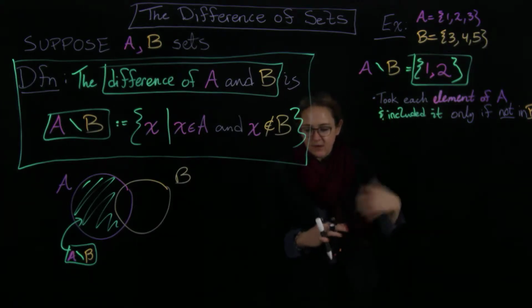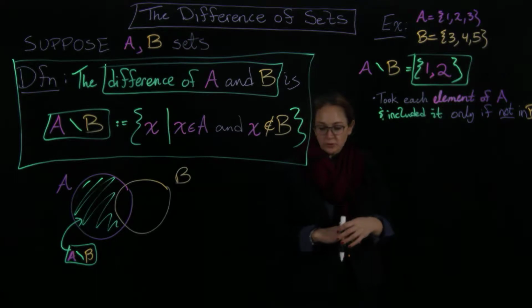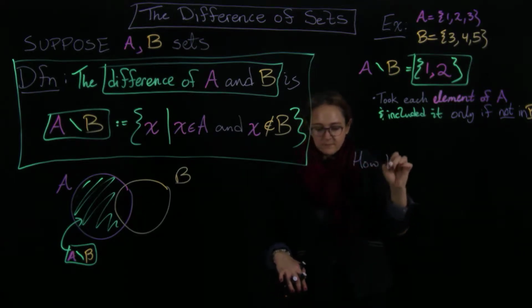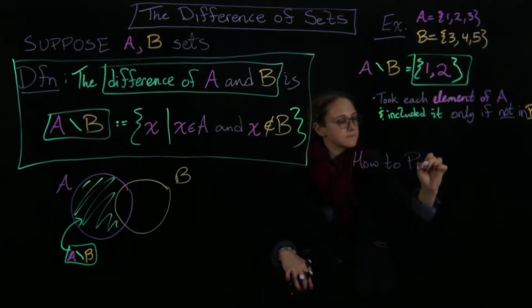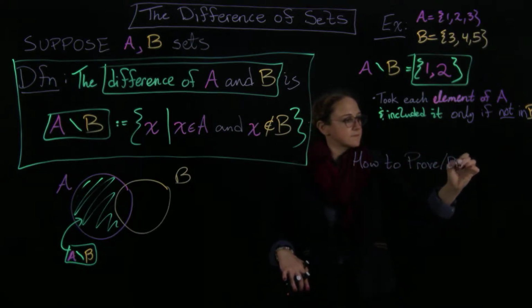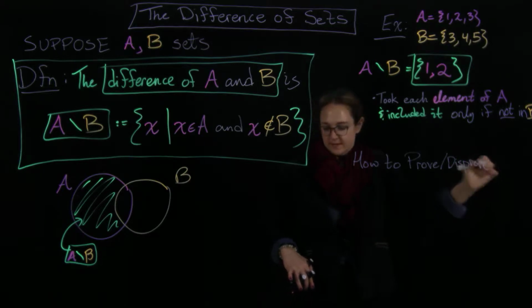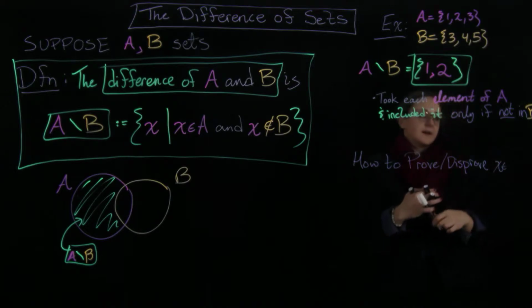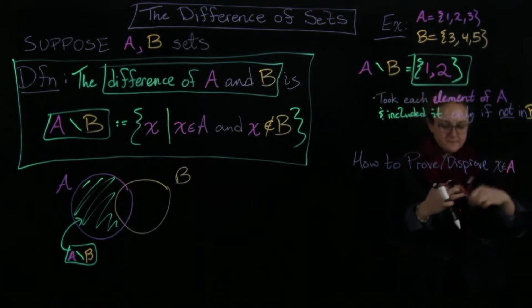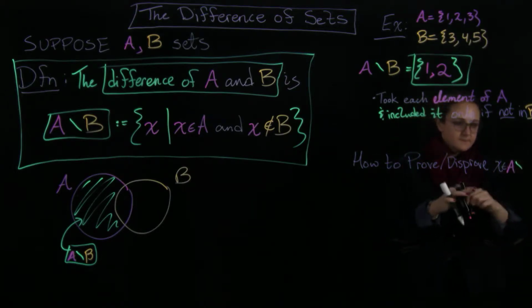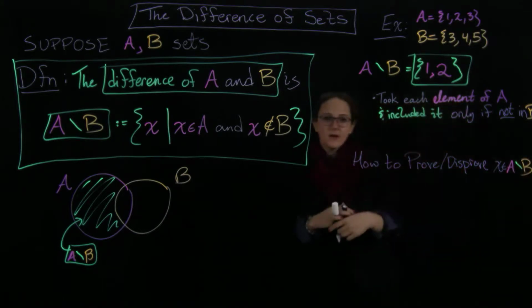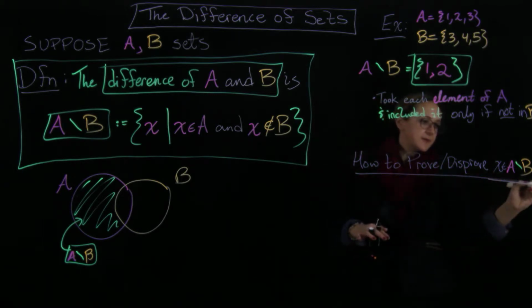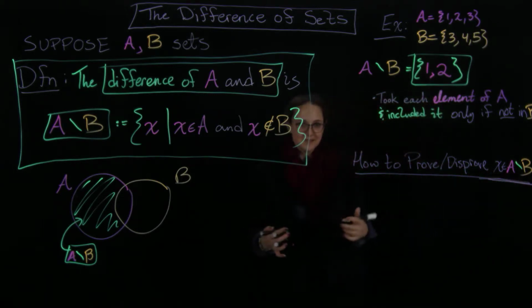And now the question is, how do you prove or disprove something about x being in A without B? Well, looking at this, this is actually an and statement, so I can just treat this like an and statement.